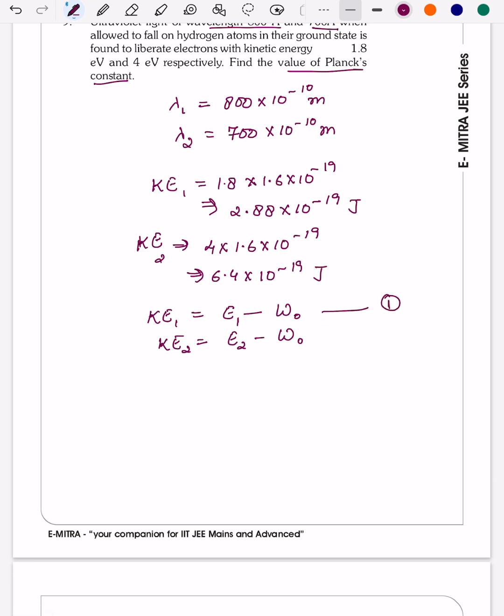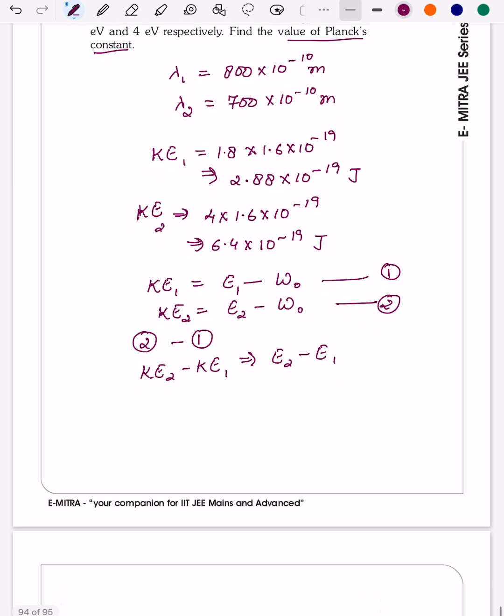Okay, so let's solve these two equations. मान लेते हैं this is equation 1, this is equation 2. Now let me subtract equation 2 minus equation 1 करके देखते हैं. तो क्या हो जाएगा KE2 minus KE1. This will be equal to E2 minus E1, right?